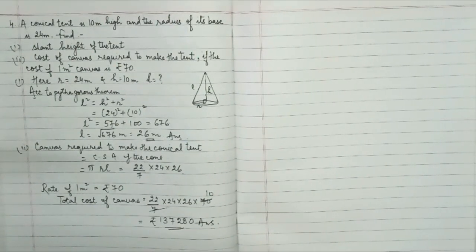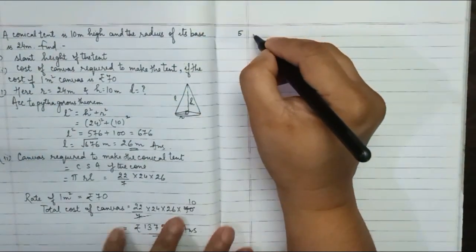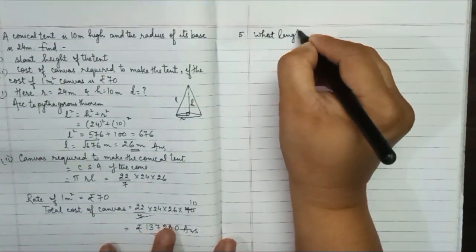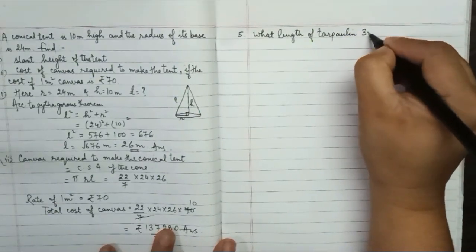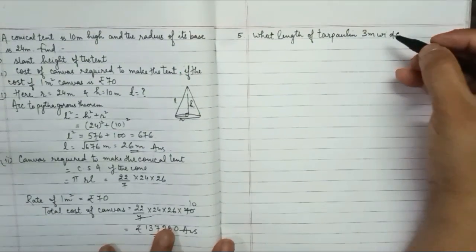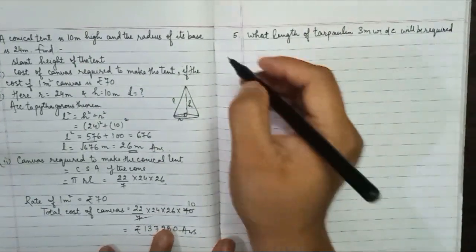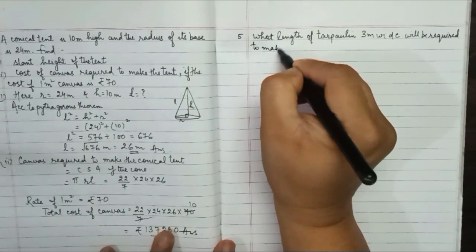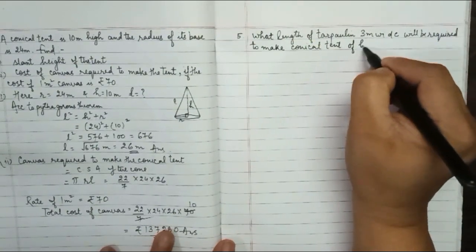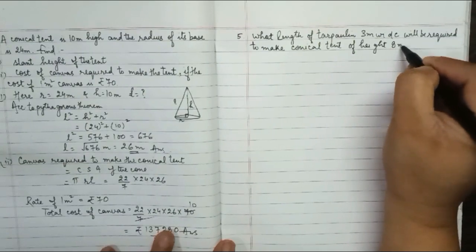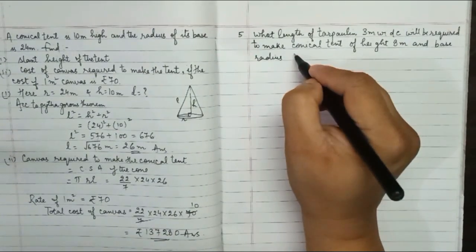Now coming to question number 5. What length of tarpaulin (3 meter wide) will be required to make a conical tent of height 8 meter and base radius 6 meter.